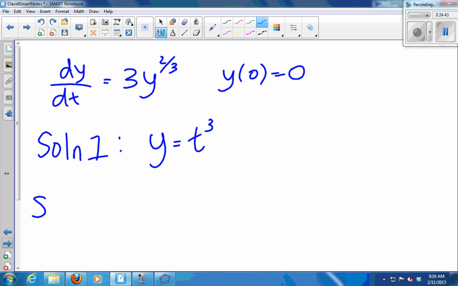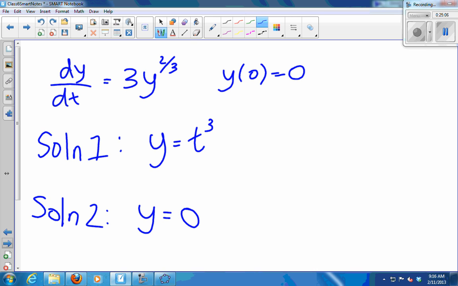And solution 2 is going to be y equals 0. So if y equals 0, what is dy dt? 0. And if I plug a 0 into 3y to the 2/3, I get 0. So this is also a solution that goes through the point 0, 0.